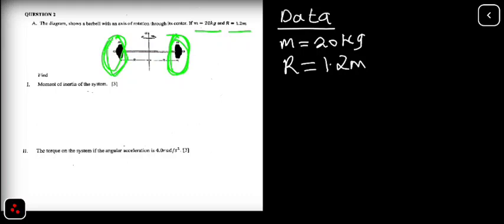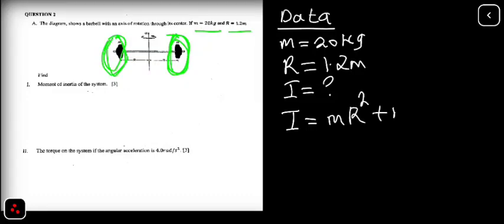Now the next thing we're supposed to do is find the moment of inertia. We know the formula: inertia is equal to mass times radius squared plus mass times radius squared.